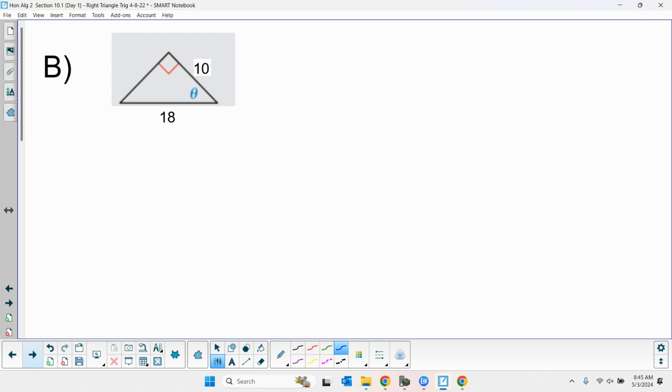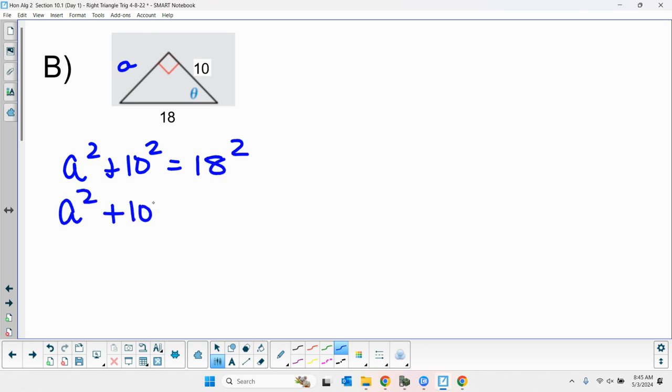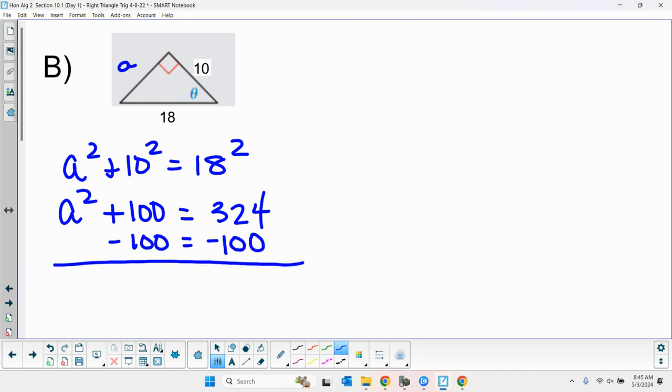All right, I'll just call this side A. So A squared plus 10 squared equals 18 squared. What is that? 324, I think. Somebody check me. I think it is. So 324 was right.